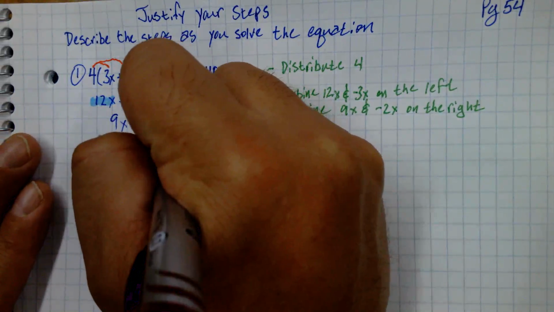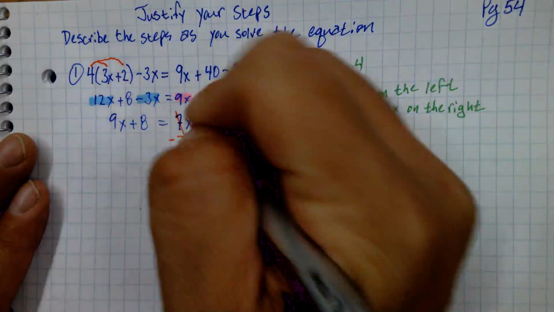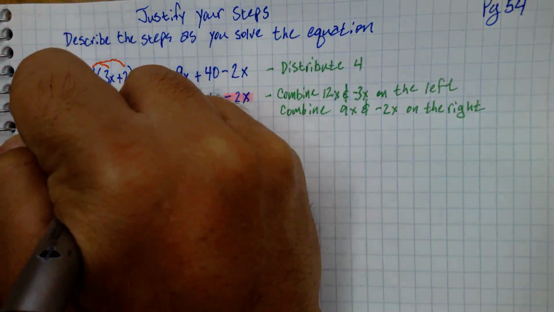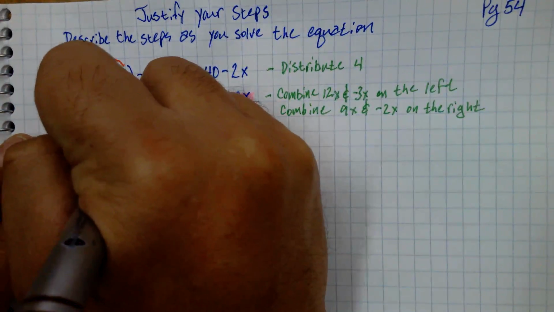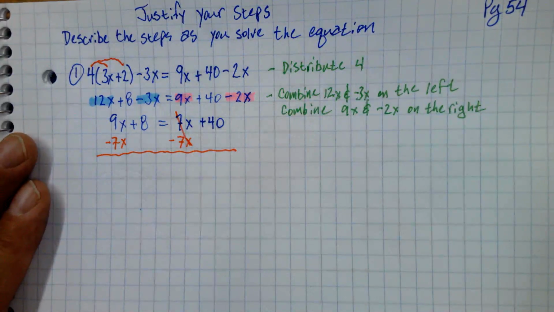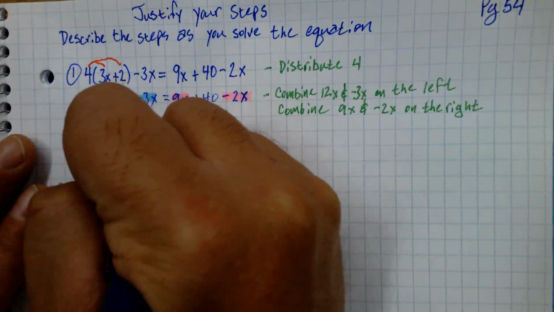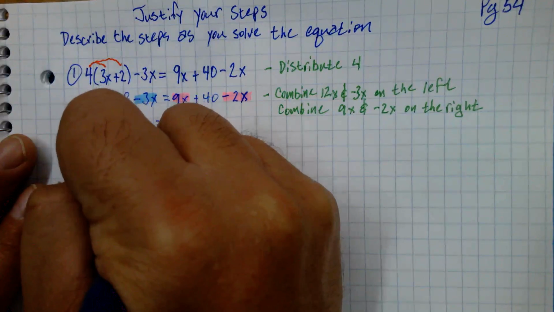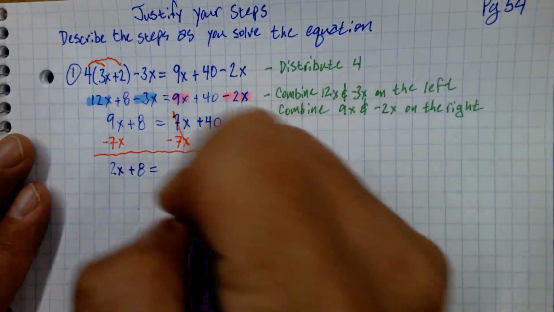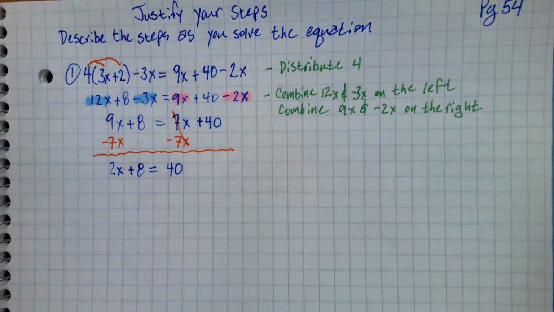Basically turn it into a 0, but we have to do that on both sides. So this is going to give us 2x plus 8 equals 40. All right.